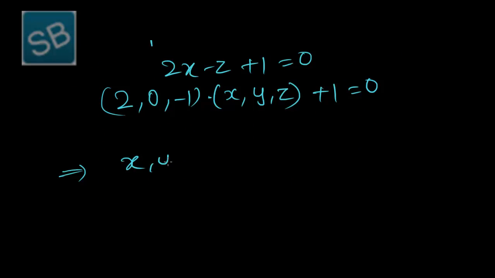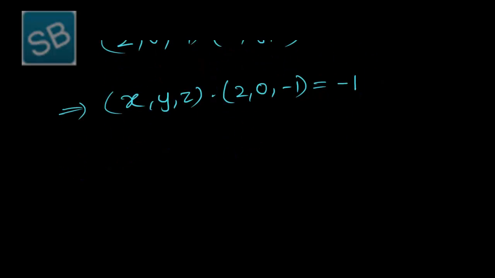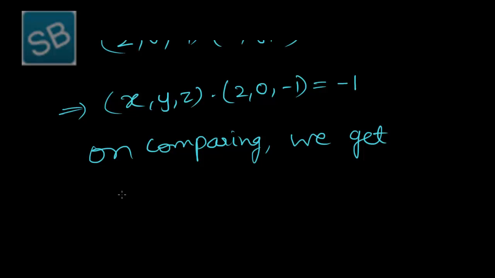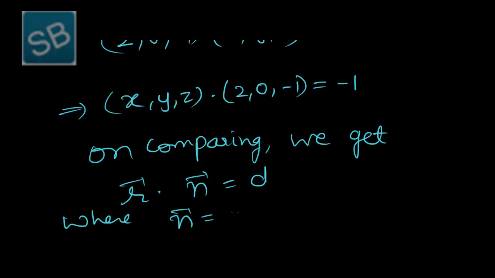We can write (x, y, z), that is r dot n, that is (2, 0, minus 1) is equal to minus 1. So on comparing, we get r dot n is equal to d, where n is (2, 0, minus 1) and d is equal to minus 1, that is a dot n. So this is all about the problem.